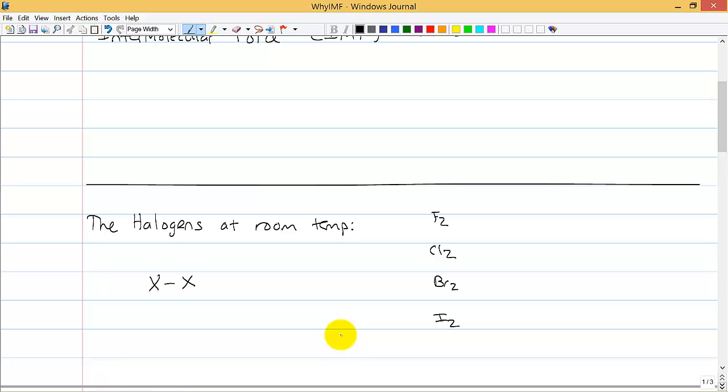That means there's no dipole moment. So the only thing that differs as we go down the line here is their molecular mass. And take a look at this. At room temperature, fluorine's a gas, chlorine's a gas, bromine's a liquid, and iodine's a solid.